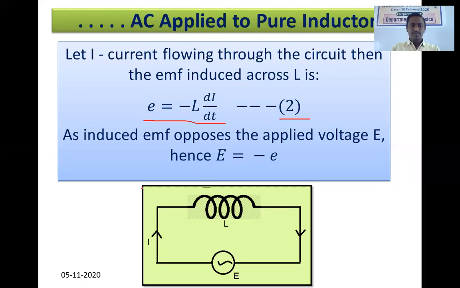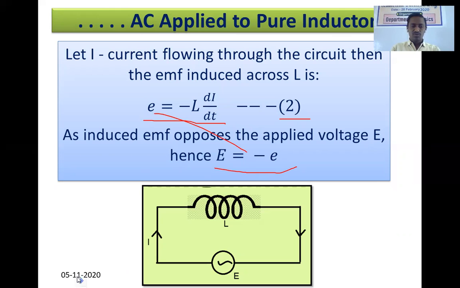But this induced EMF further opposes the applied AC voltage. So the signs of the applied voltage and the induced EMF are opposite to each other. Hence, we can write capital E equals minus small e. Now put the value of small e from equation number 2.